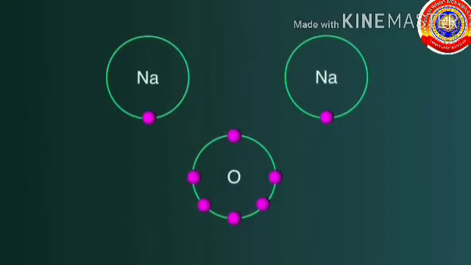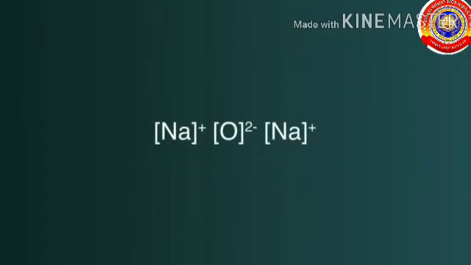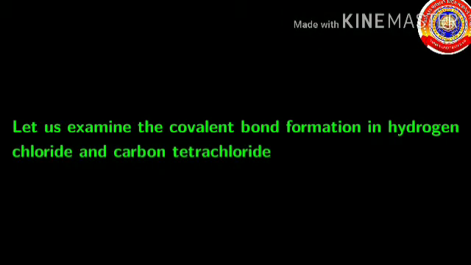In sodium oxide, two sodium atoms donate one electron each to the oxygen atom and become Na+, O2-, and Na+. Let's analyze the formation of hydrogen chloride and carbon tetrachloride.